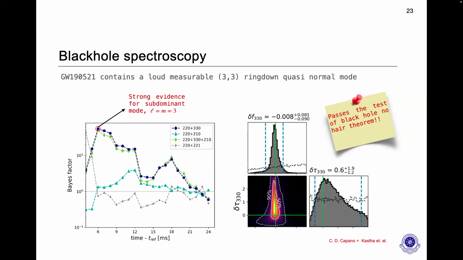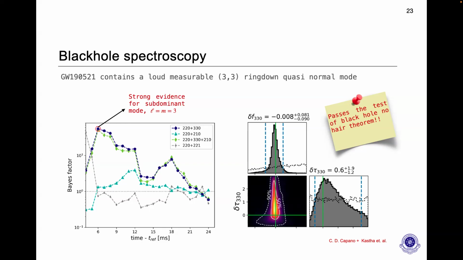That means this model is much preferred by the data. So now we can confidently say that we have detected a strong subdominant mode. As I was saying, if you detect 2 or more quasi-normal modes, we can perform a test of the no-hair theorem.